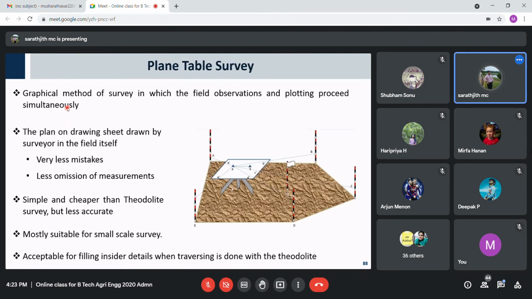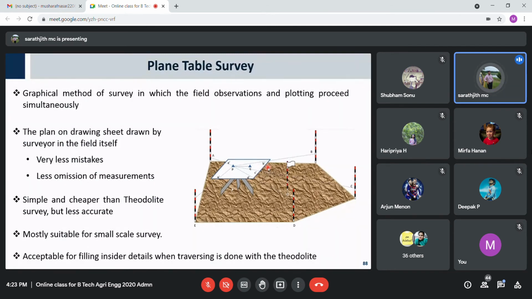Suppose you are doing both the plotting and the measurement simultaneously, and while drawing you feel that the AE distance, which we measured as 100 meters, appears to be only 90 meters compared to all other points. So you are confused.